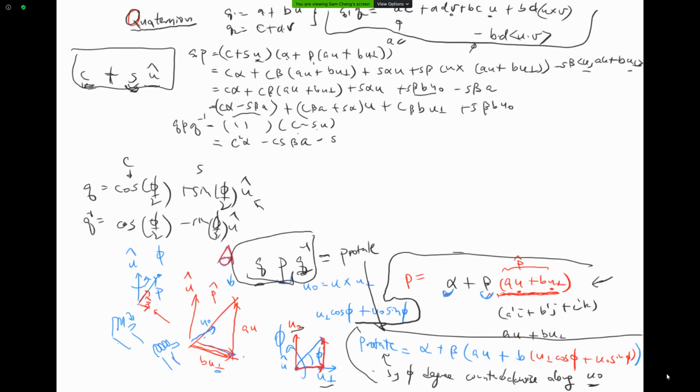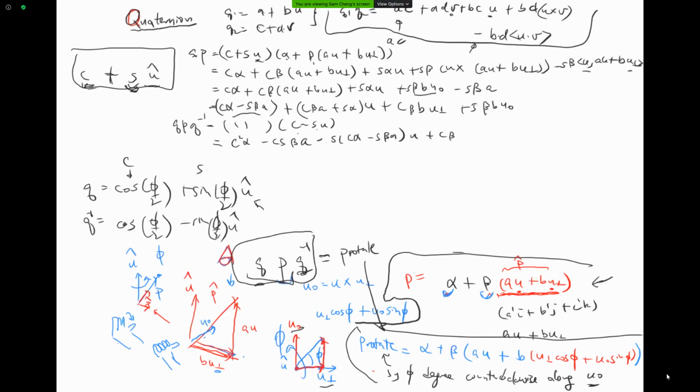Well, it's okay, I'm not going to expand that. XC alpha minus S beta A U. Okay, and then C multiplied by the rest of this term, so I have plus C beta.